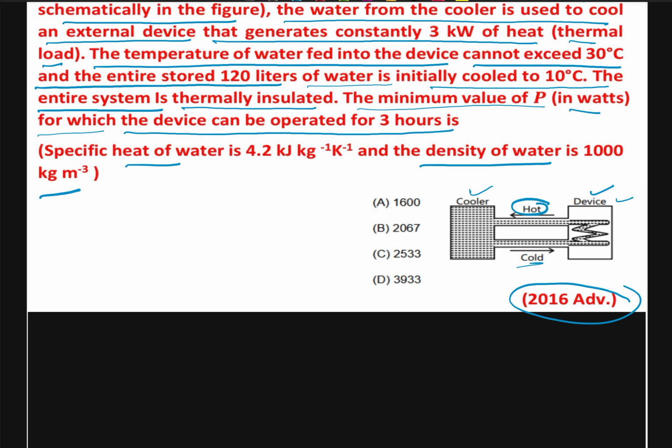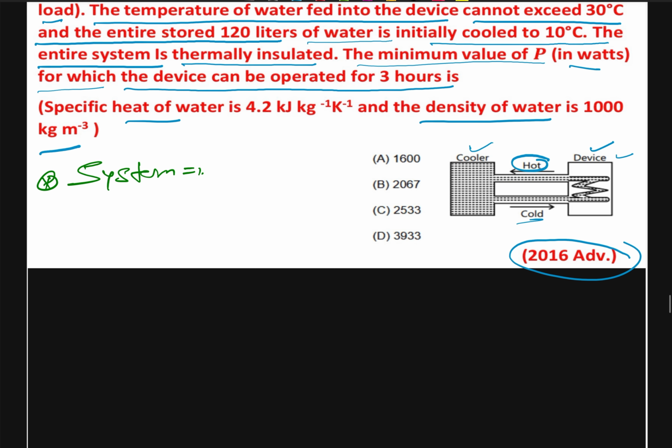So we have a system which consists of a water cooler, which we also call a tank, and this tank contains 120 liters of water, and the initial temperature of the tank is 10 degrees centigrade.